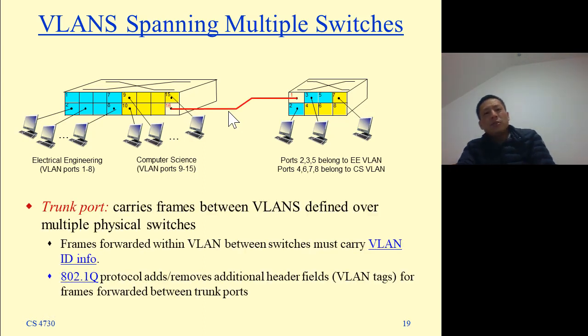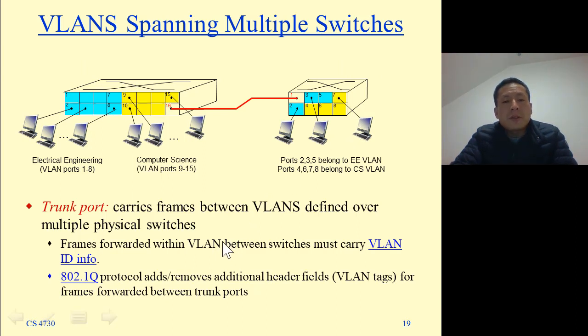The idea is you need to use a trunk port between the two physical devices and bring them together, so they will be working just like a big switch with two groups of nodes or ports.